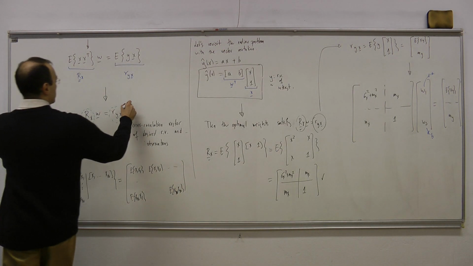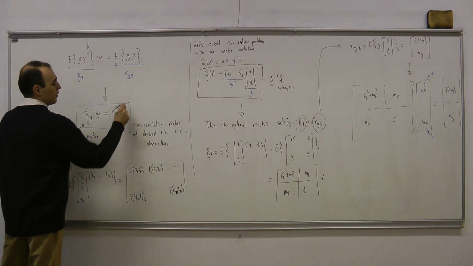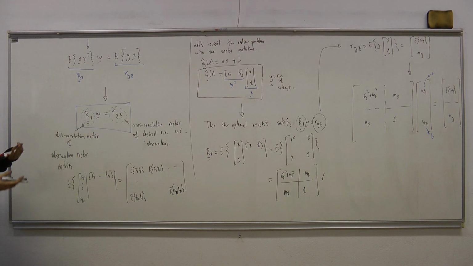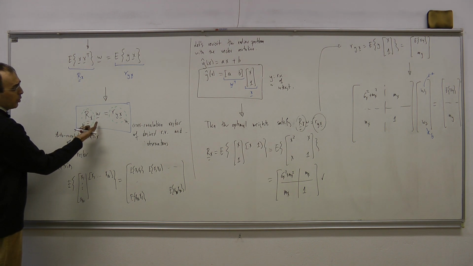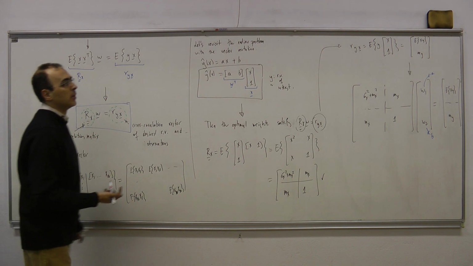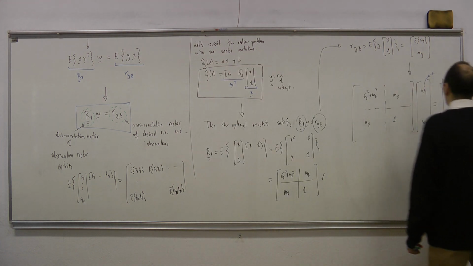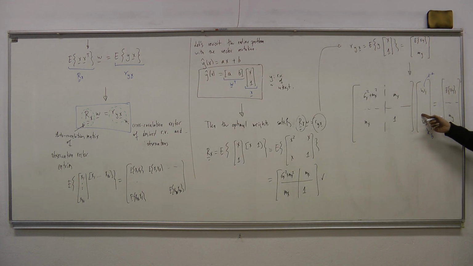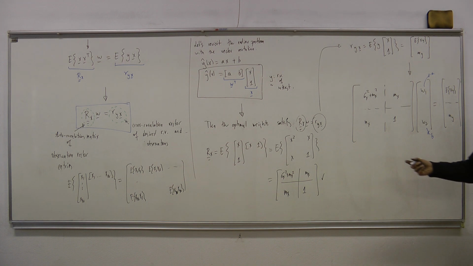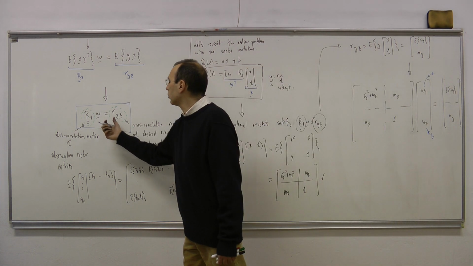This is our general result. So it doesn't make sense to differentiate it all the time and optimize it with respect to the unknowns, because this is the optimality equation. If this equation is satisfied, then I'm over here. That equation contains a matrix on the left, a vector on the right.